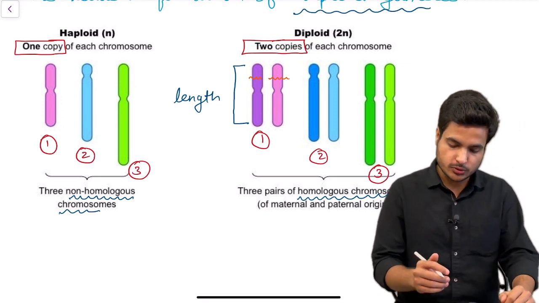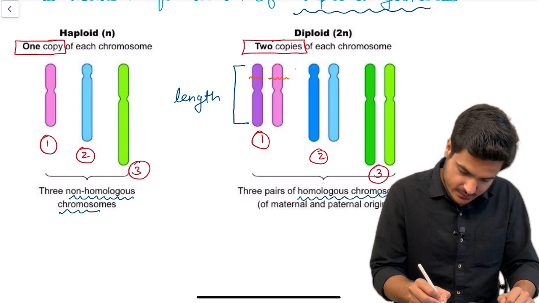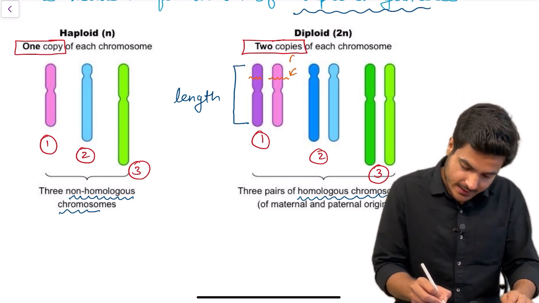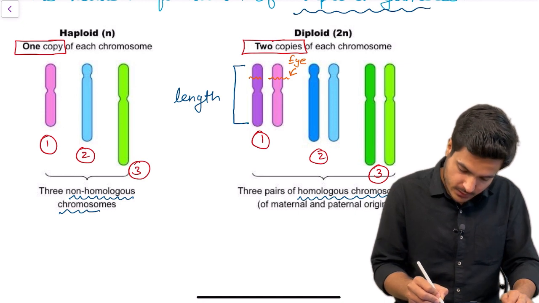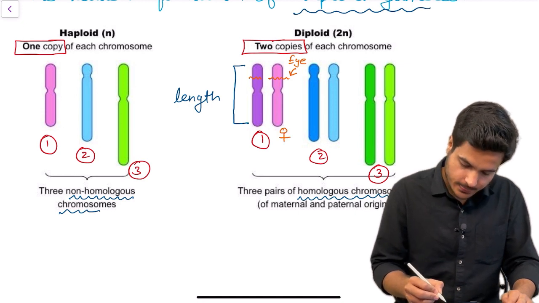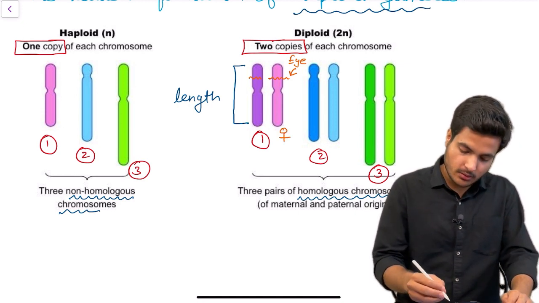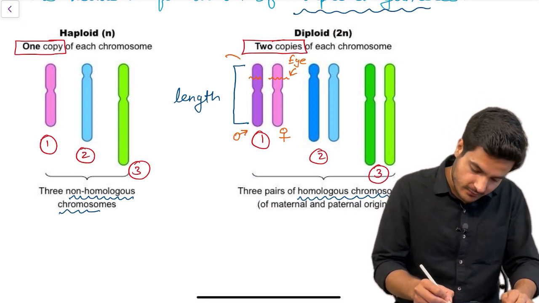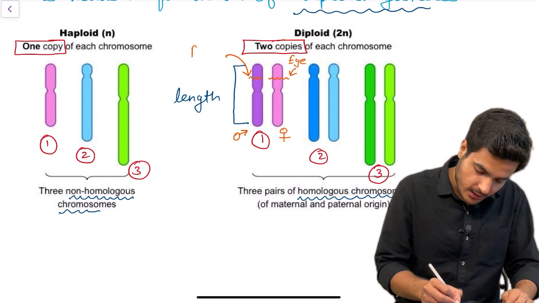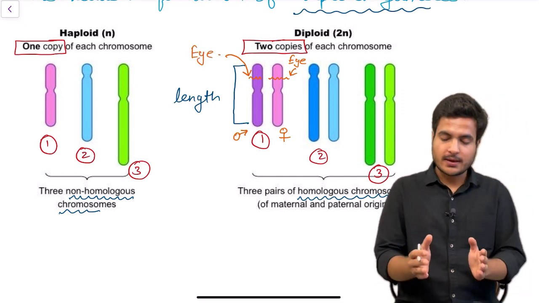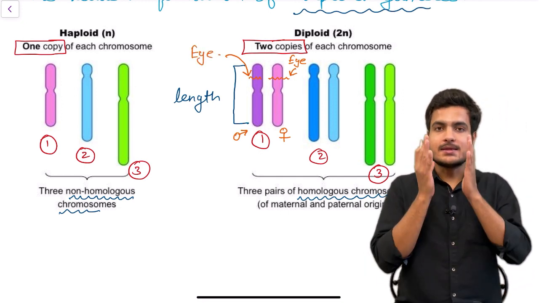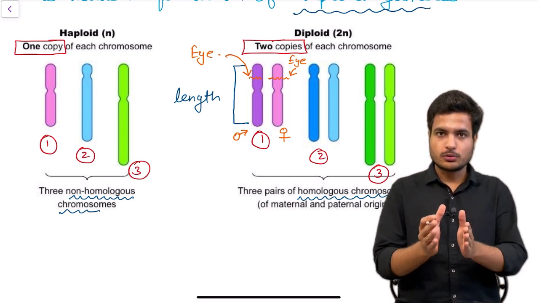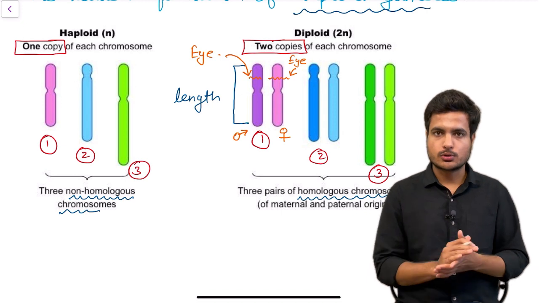For example, in chromosome number 1, if at this place there is a gene which codes for the eye color, and it is from the maternal side, then at the same location, the chromosome from the paternal side would also have a gene for eye color. That is why, being same in length, with the position of alleles of different genes also the same, they are called homologous chromosomes.